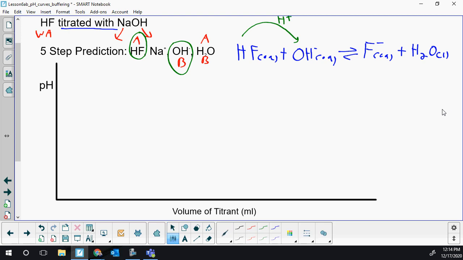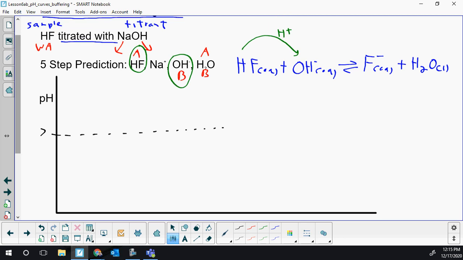So I've pre-labeled the axis, volume of titrant, pH. I like to add in that 7 right away. That should be a nice flat line.